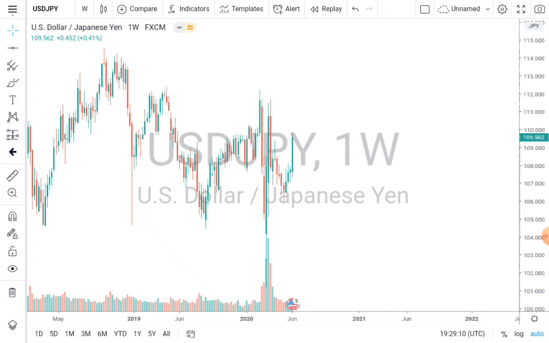Okay, so this is USD JPY, guys, on the 1 week time frame. What I like to do is analyze from the 1 week up until the 4 hour, then get my entries on the 1 hour, and for best earlier entries, I mostly get them at 15 minutes.